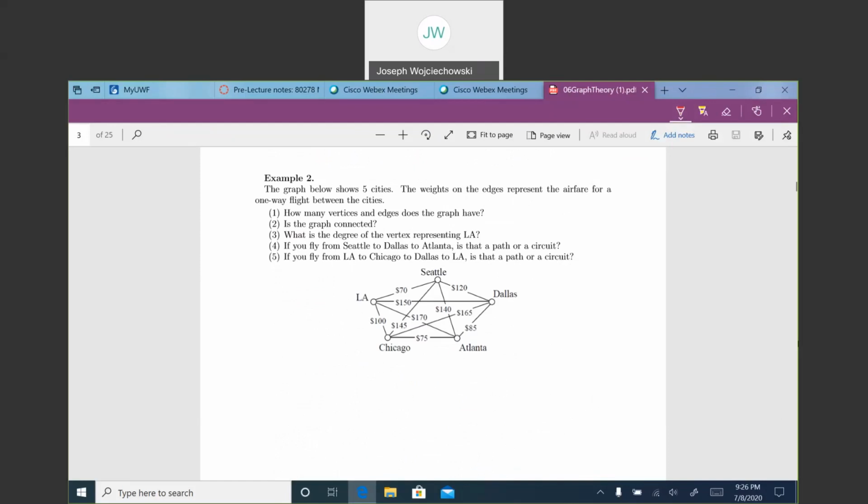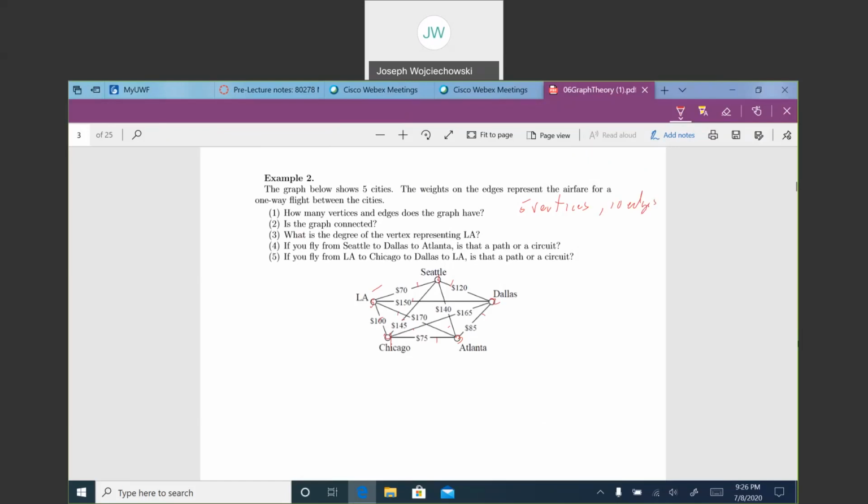Well, let's start here in Seattle. 1, 2, 3, 4, 5 vertices. Okay. How many edges? Well, I have 1, 2, 3, 4, 5, 6, 7, 8, 9, and 10. 10 edges.